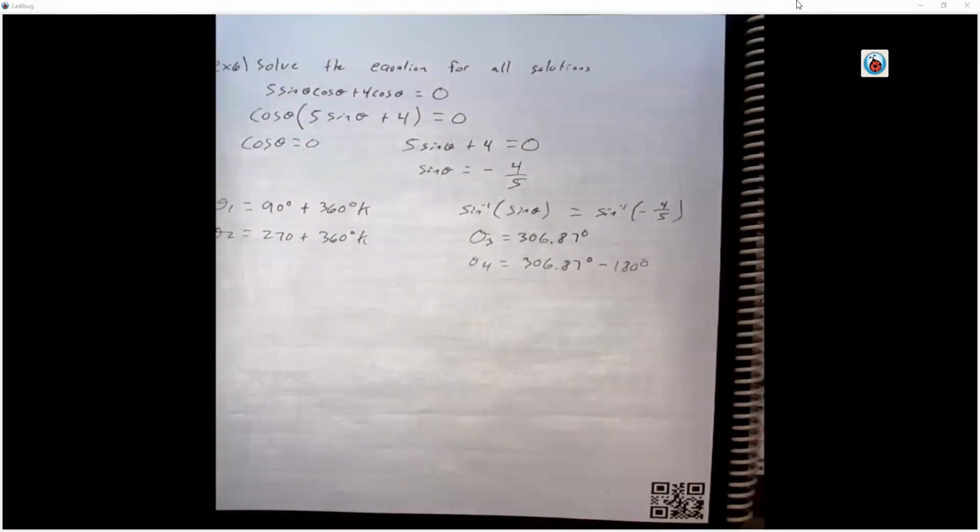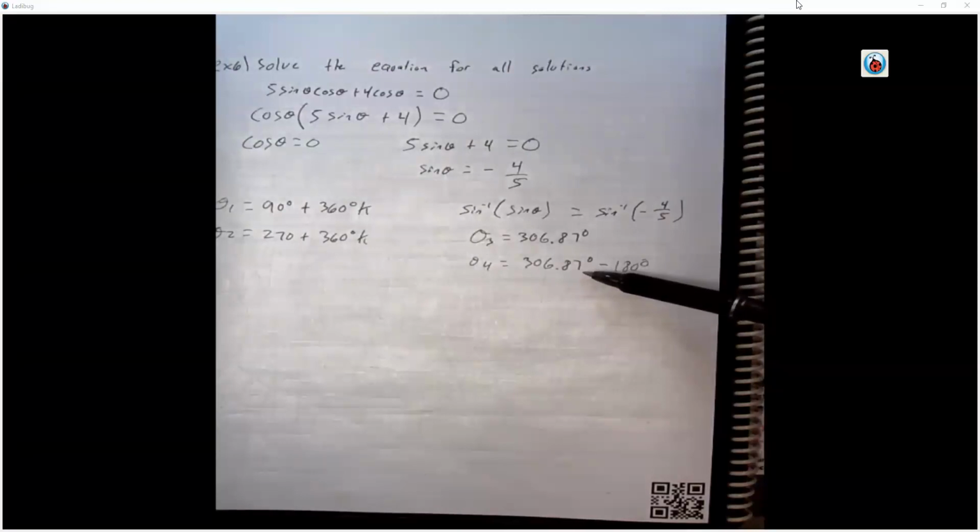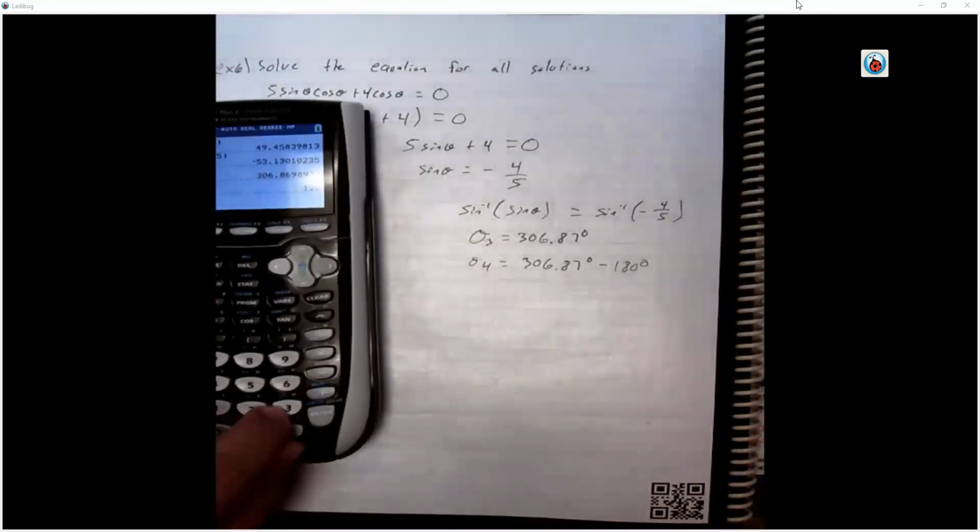Since I got a negative angle, I had to adjust. But I got an angle that's above 180, so I'm going to have to subtract from 180 instead. I had forgotten about that.